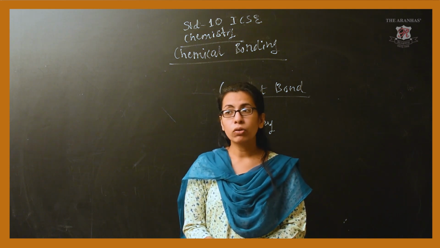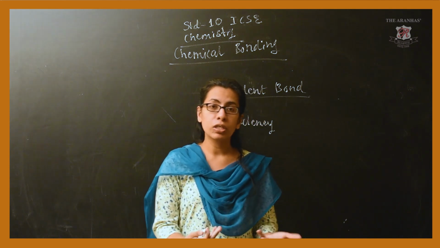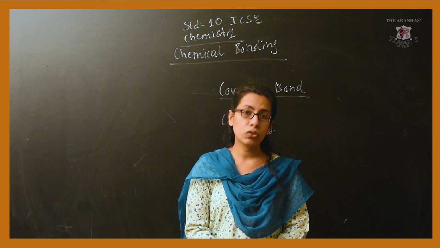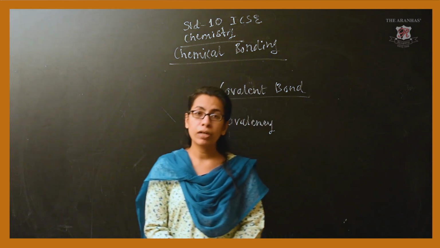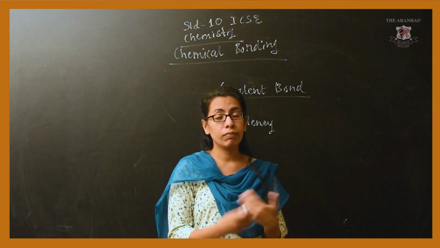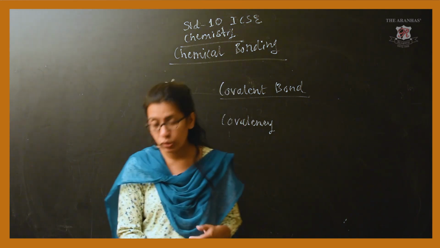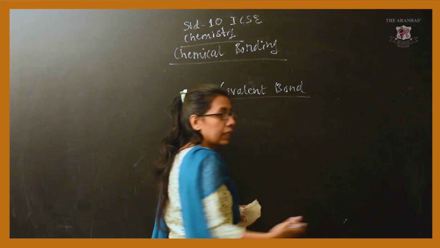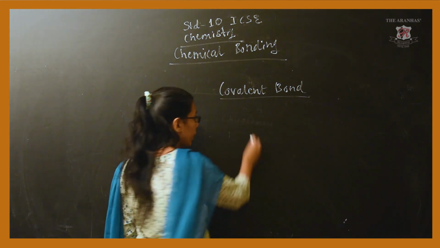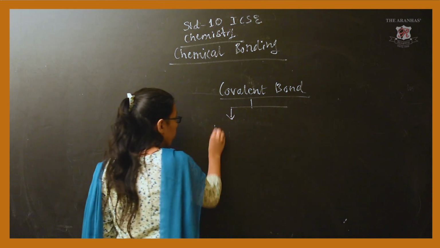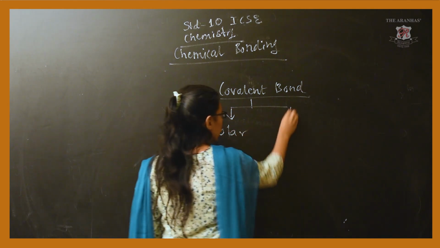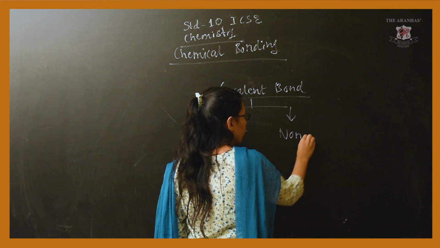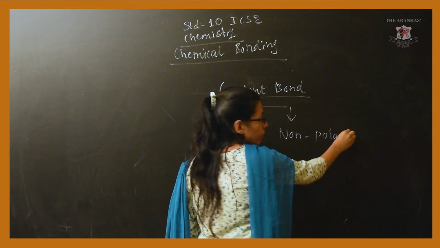Now, before we go towards the examples, there are two types of covalent bonds: one is the polar covalent bond and the other is the non-polar covalent bond. So let us see the meaning of this. Whenever you see the types of covalent compounds, there are two: polar compounds and non-polar compounds, or you can say polar covalent bond and non-polar covalent bond.